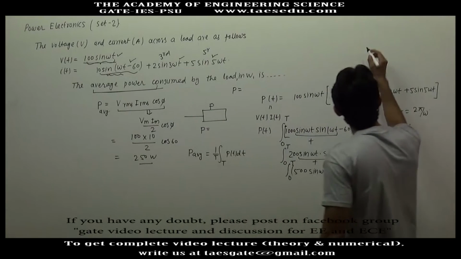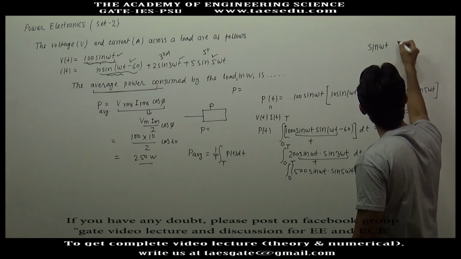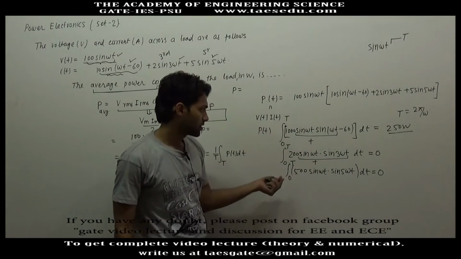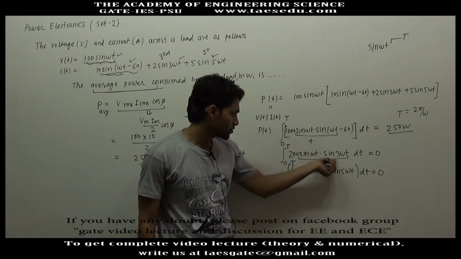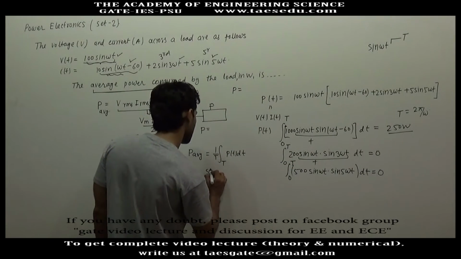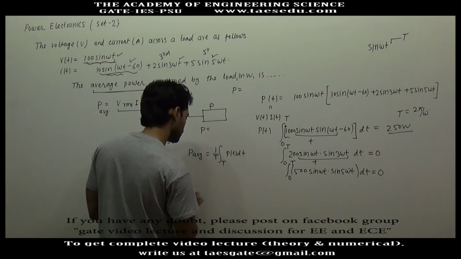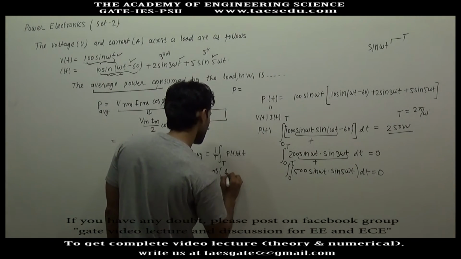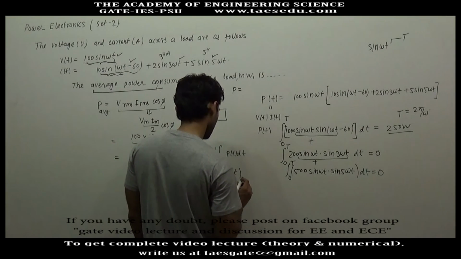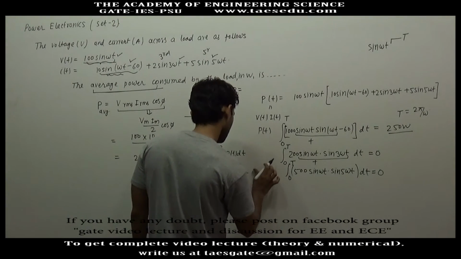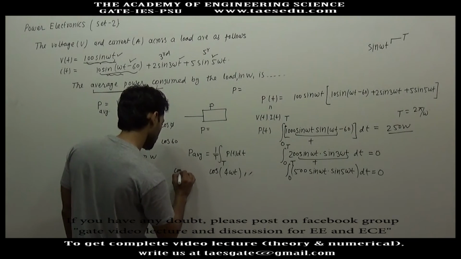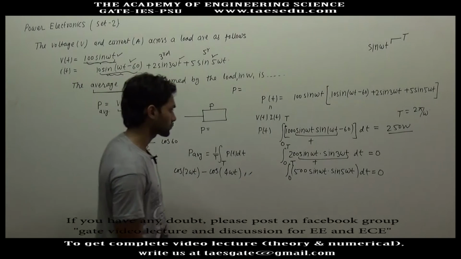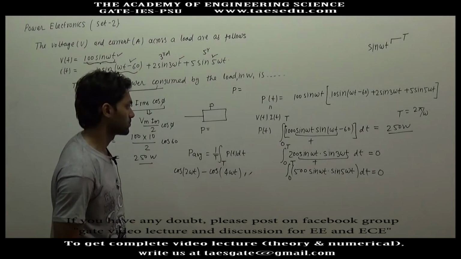If sin omega t is periodic with T, while finding this integration you will use the formula of sin a into sin b. Then you will get cos(a minus b) minus cos(a plus b), that is cos 2 omega t minus cos 4 omega t, and some constant also.